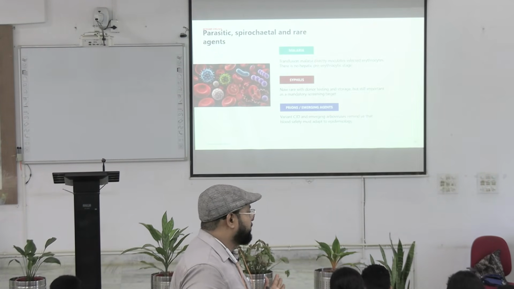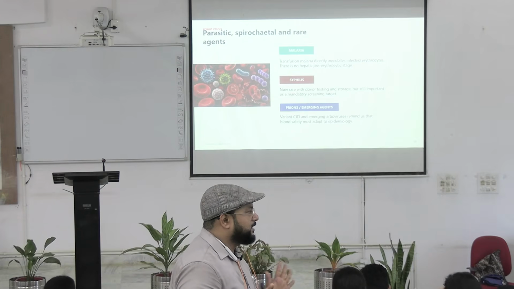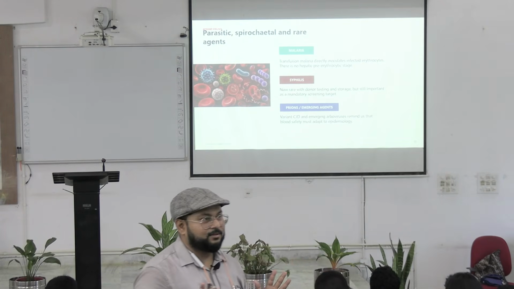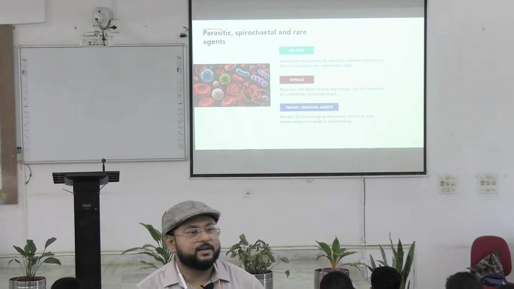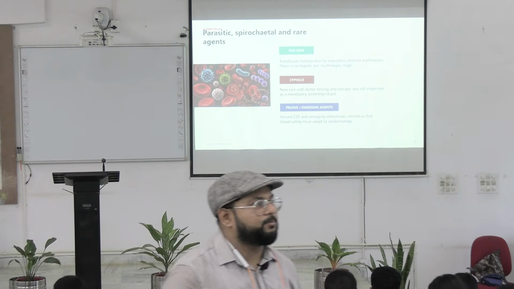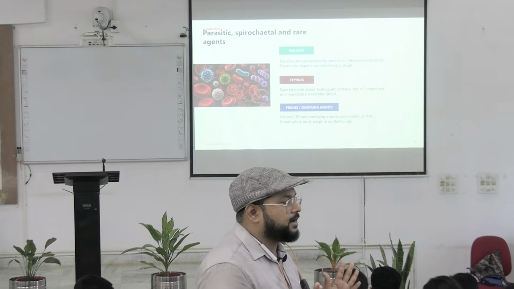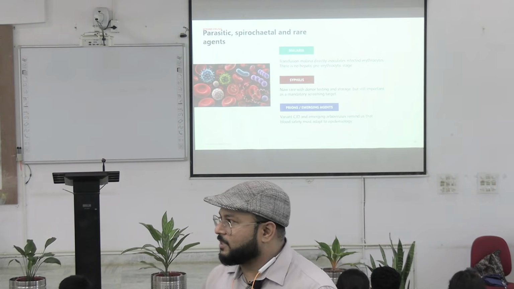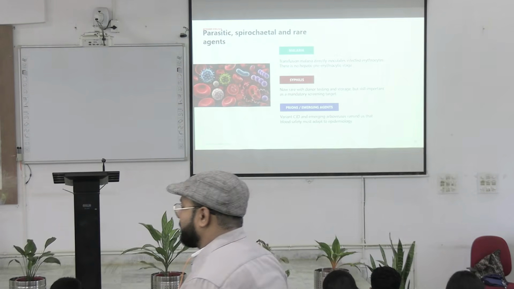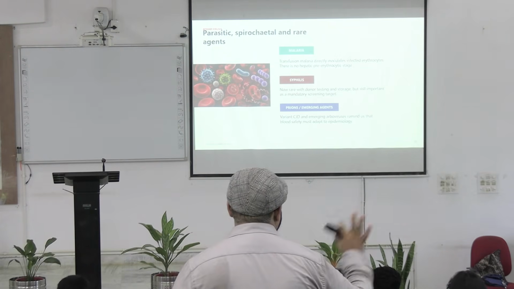Is the significance of the malaria smear clear to everyone? Because we have a wonderful test available with 99% sensitivity and specificity, that is RDT. Will everyone remember? This would be the algorithm of any malaria laboratory diagnosis.